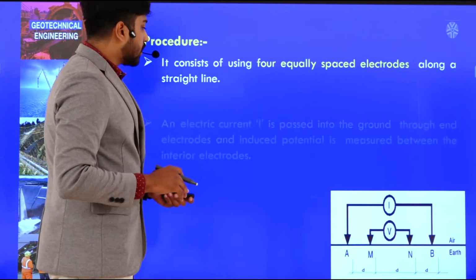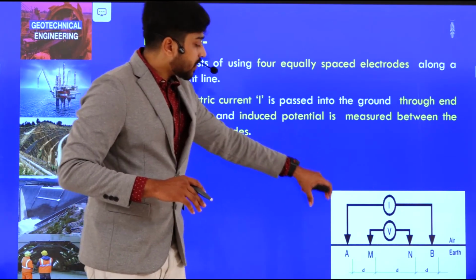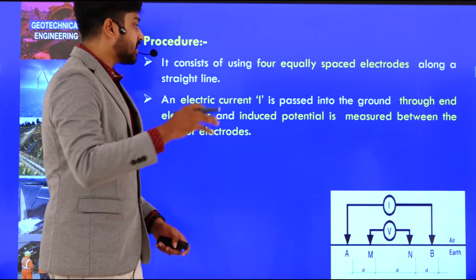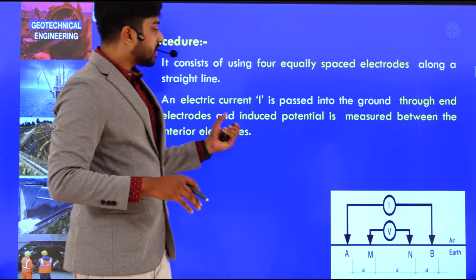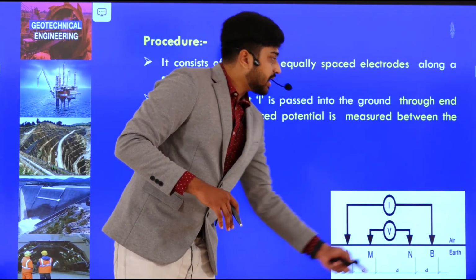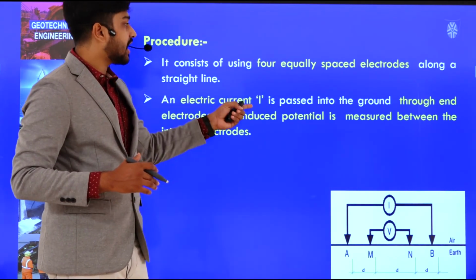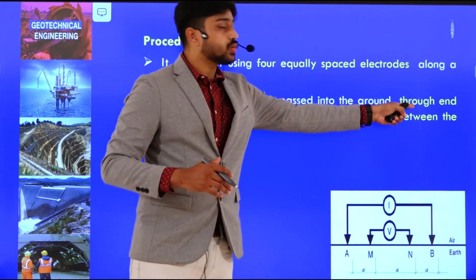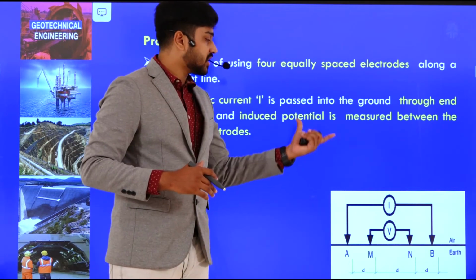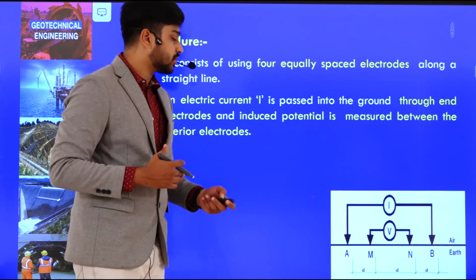We pass an electric current I through the outer electrodes, at A and B, and whatever is induced is measured at M and N. That means the electrical current I is passed into the ground through the end electrodes, and the induced potential is measured at M and N, the interior electrodes.